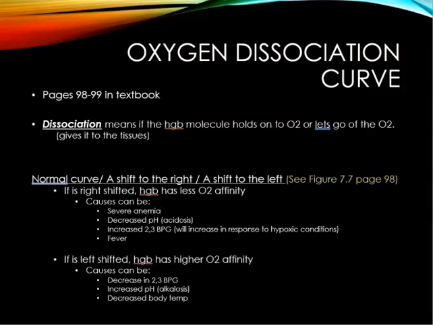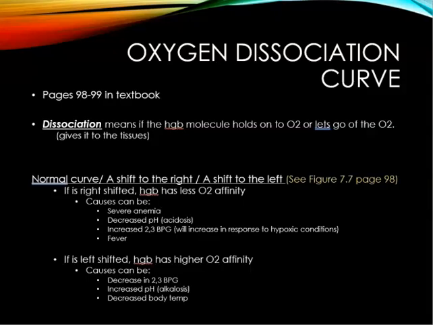So we have a normal curve, where the body is functioning properly, but we also have something called a shift to the right and a shift to the left.